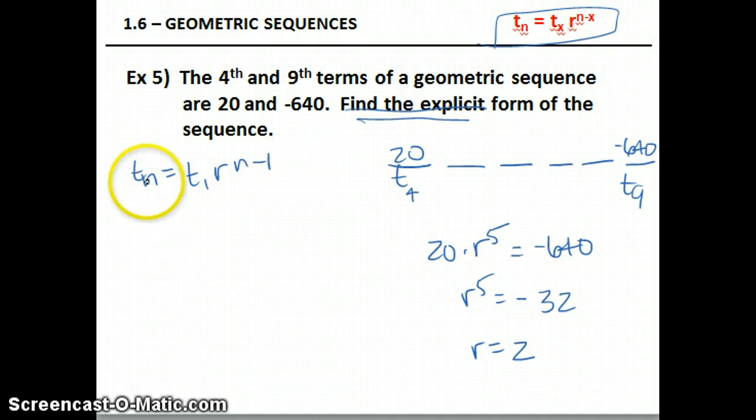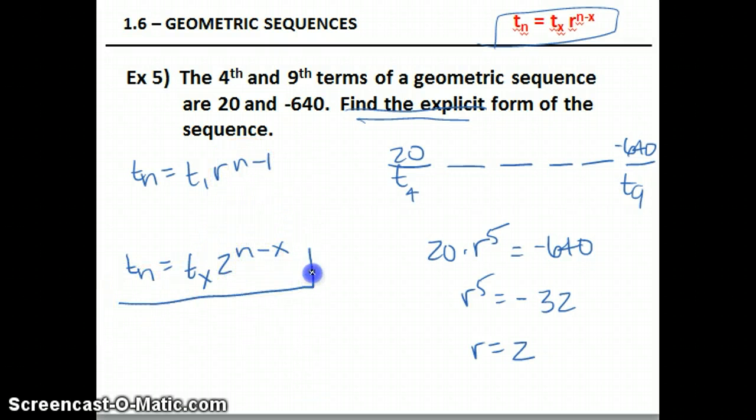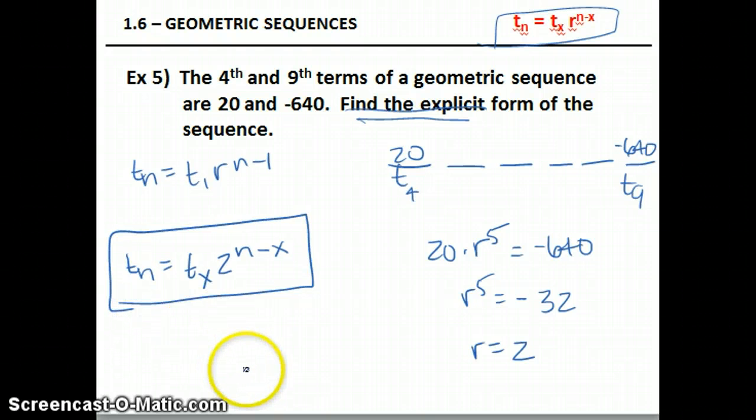So now we have to plug it in appropriately. We have t sub n equals, do we know our first term? No. So we are going to use the t sub x in this case, and we will write it like that, times r, which is 2 to the n minus x. That is the explicit form they're looking for. They did not tell us to find the 5th term or the 25th term or anything like that.